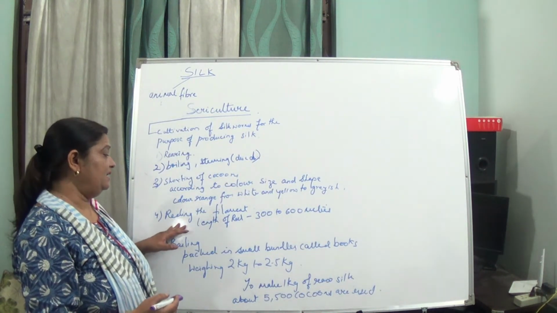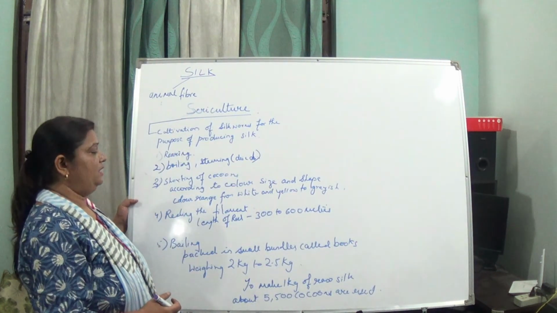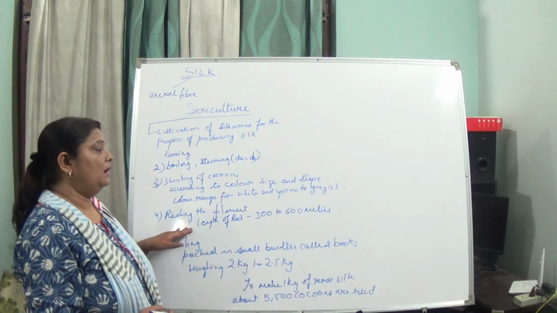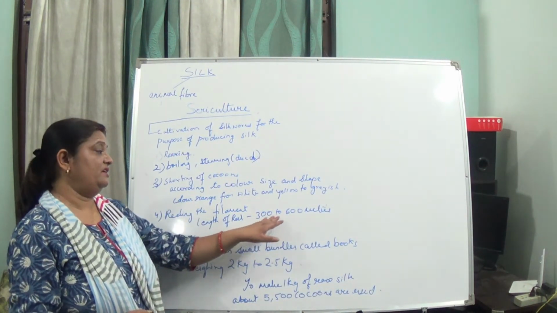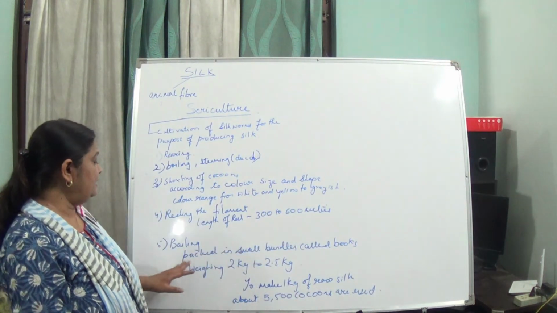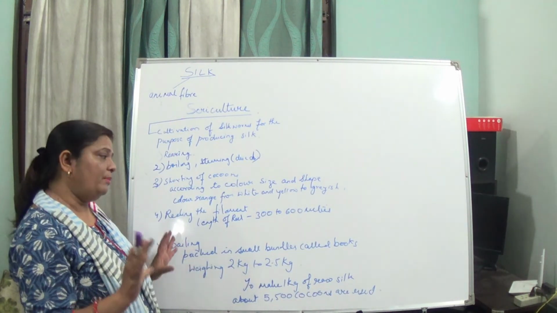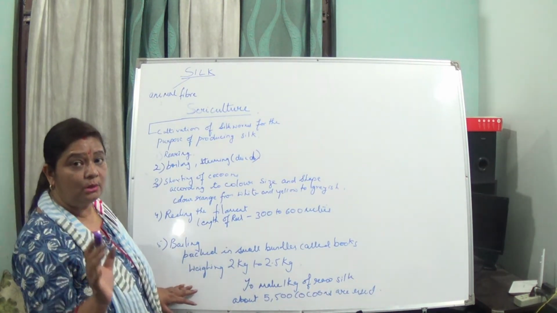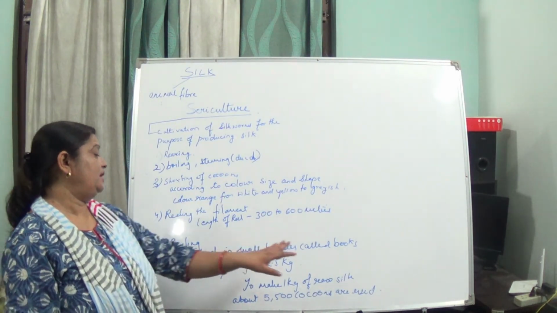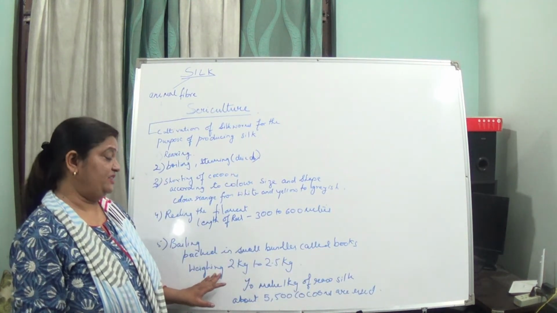What do we mean by reeling the filament? These threads which we have got are rolled over to form a reel, and that reel is of 300 to 600 meters. This is just the raw silk. After that, the next step is baling, where it is packed in small bundles, and those bundles are known as books. The weight of these books is 2 kg to 2.5 kg.